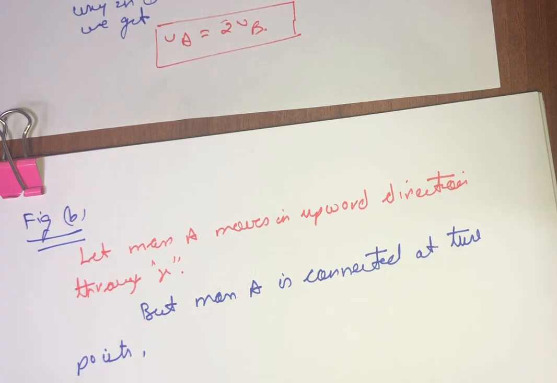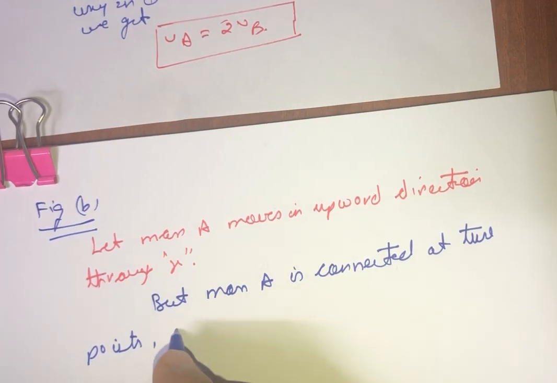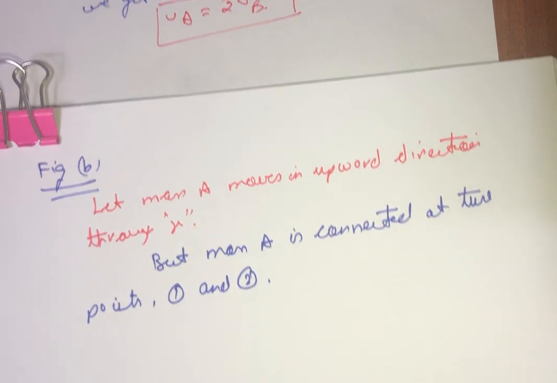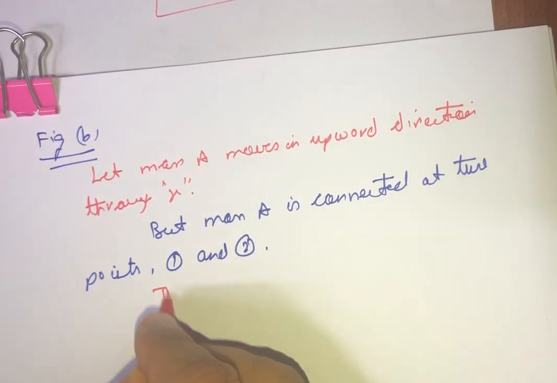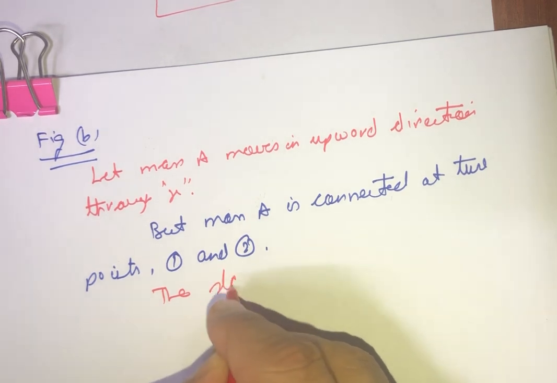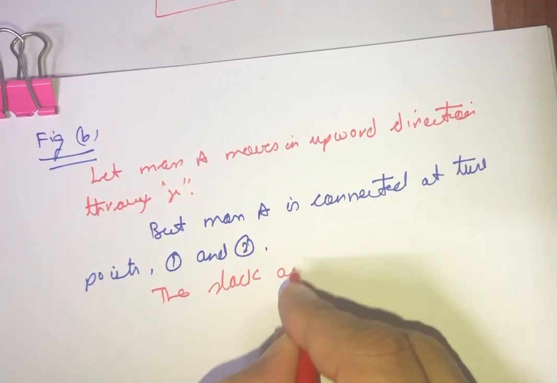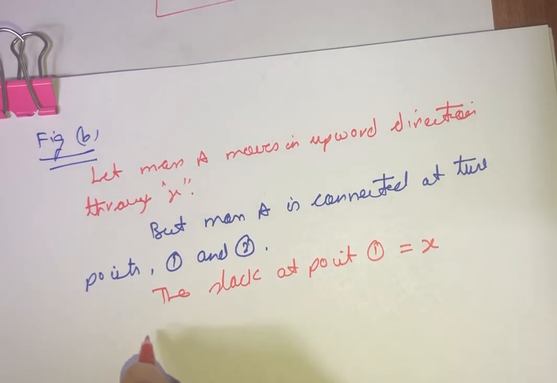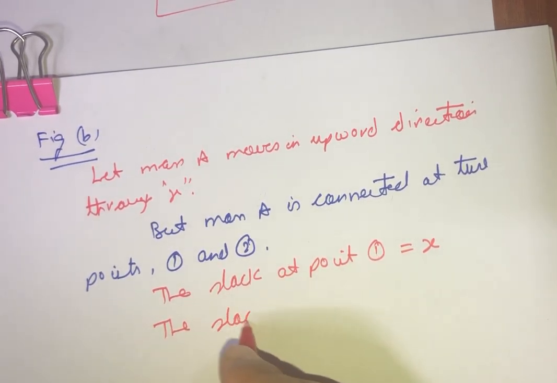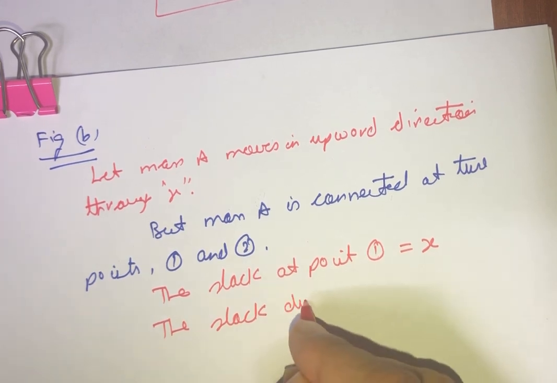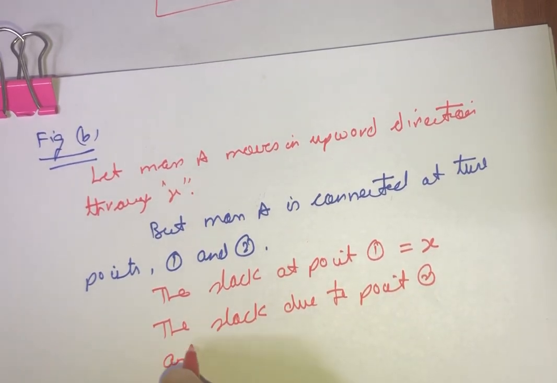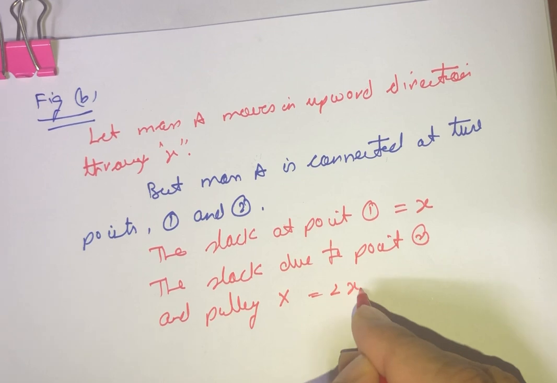Okay, 2 points, 1 and 2. Okay, the slack at point 1 will be equal to x, and the slack due to point 2 and pulley X is equal to 2x.